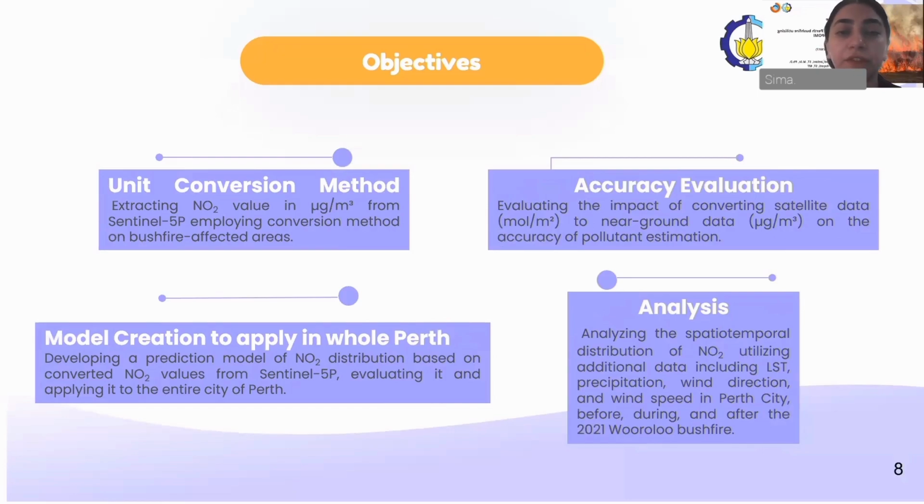Also, for the results of both unit conversion and model creation, the accuracy evaluation was done, and the analysis was done utilizing LST, wind direction, wind speed, and precipitation to check the effects of these parameters on nitrogen dioxide distribution and values.